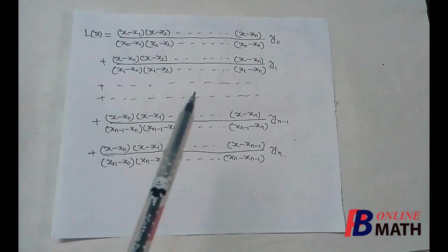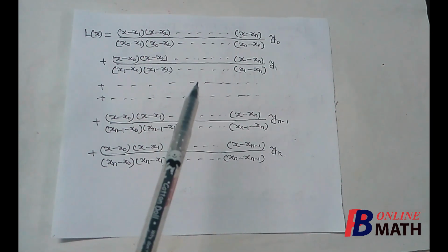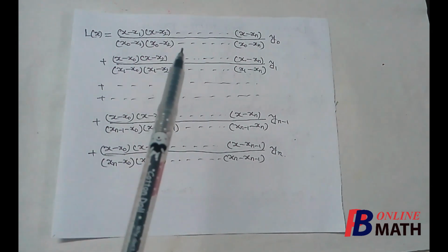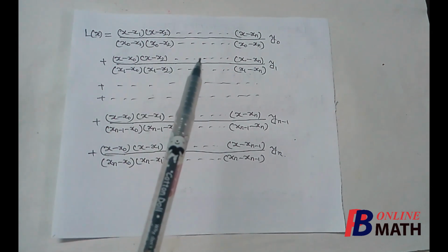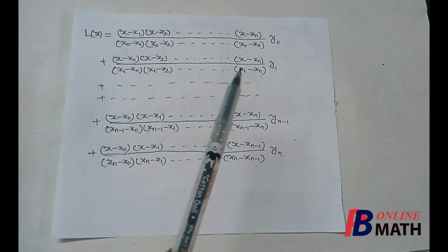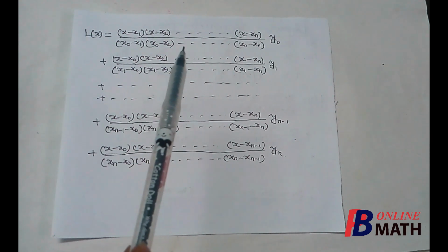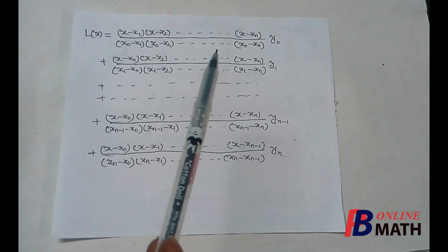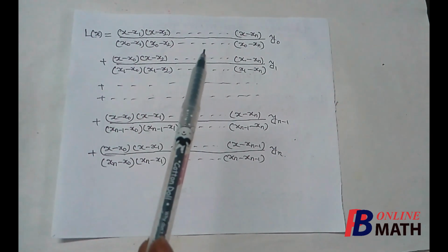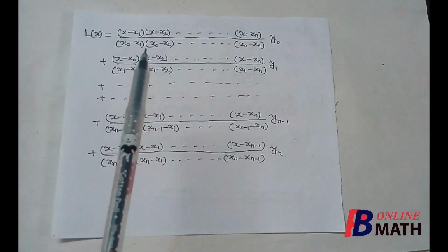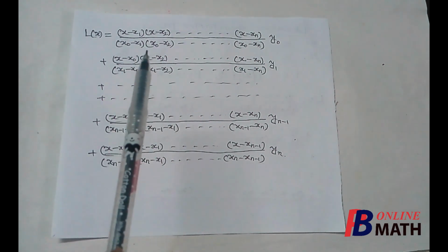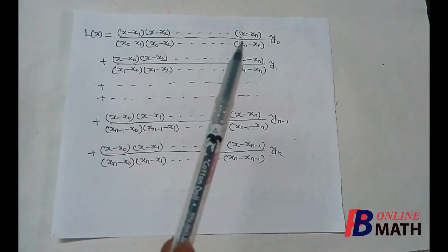So how to remember this polynomial? Actually if we consider n plus 1 factors, x minus x0, x minus x1, x minus x2 up to x minus xn, then in the first term the factor x minus x0 is missing. So except this x minus x0 there are remaining n factors, x minus x1, x minus x2 up to x minus xn.